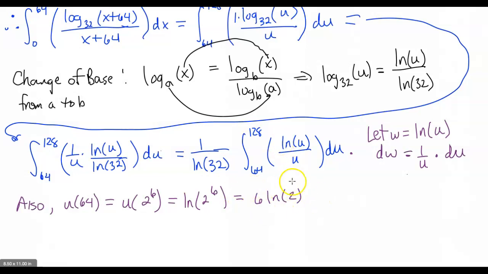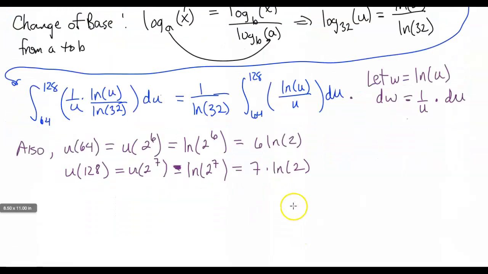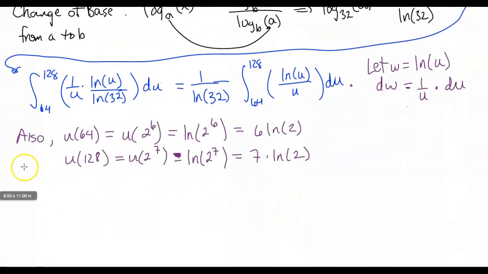Okay. Now, we see that 128 is just 2 times 64, so that will be U of 2 raised to the 7. And that would just be natural log of 2 raised to the 7, which is 7 times natural log of 2. So we have a different way of writing those limits of integration there.